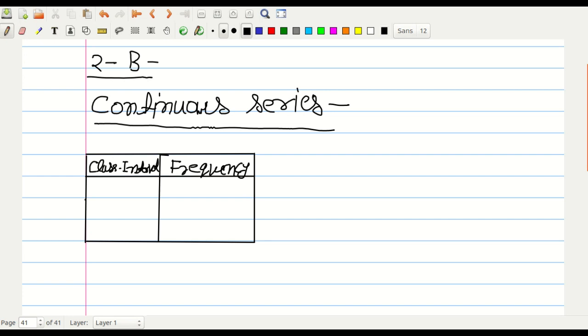So again I am going to write the numbers or the marks obtained by students.